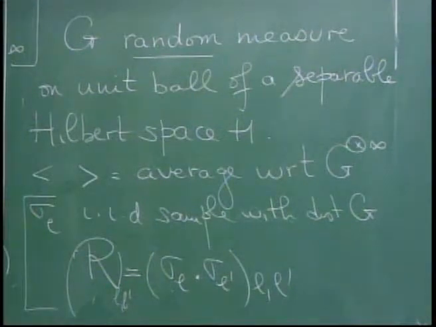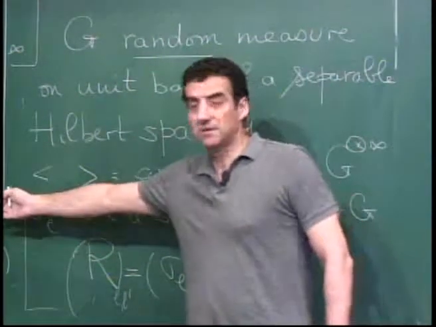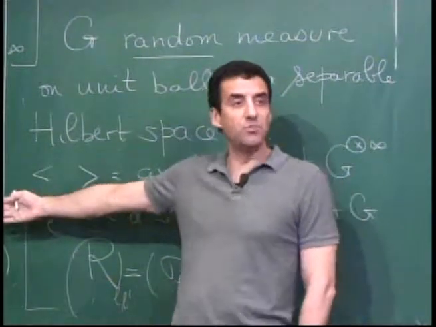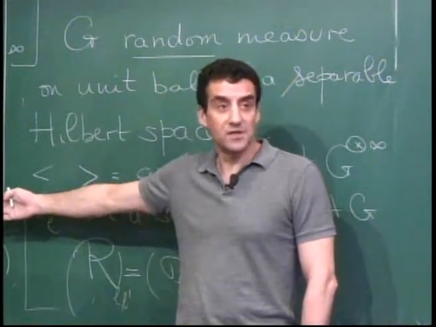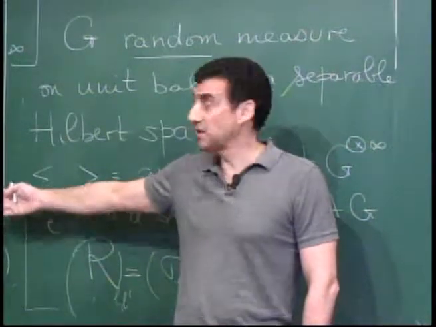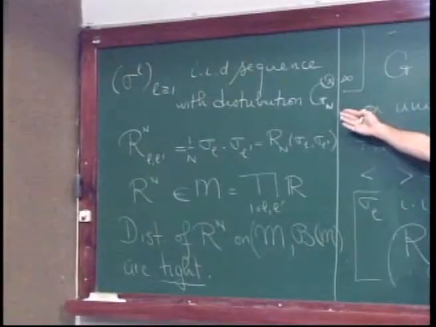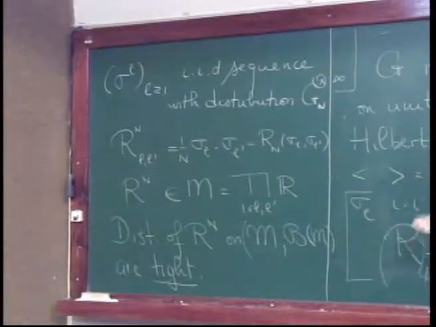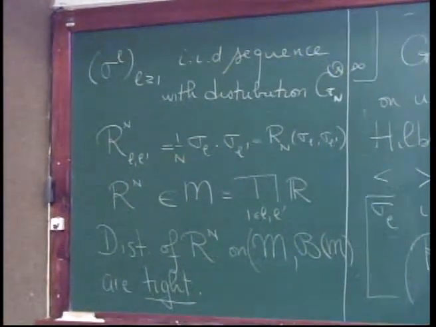It's a random matrix because G is random. So I'm exactly in the same situation I had before. Here my unit ball was in fact the unit sphere of R^n, and the measure G_n was carried by the vertices of the hypercube. So that's exactly the same construction, but now I do it in general in a Hilbert space.